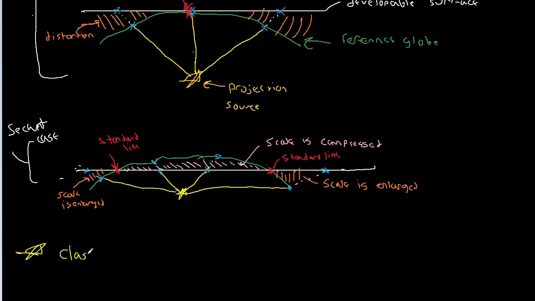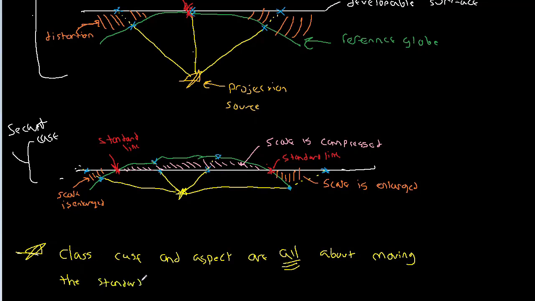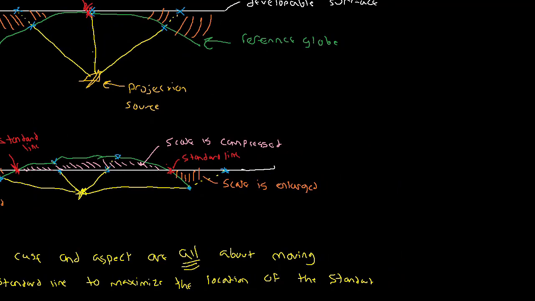Class, case, and aspect are all about moving the standard line to maximize the location of the standard line relative to the location being mapped.